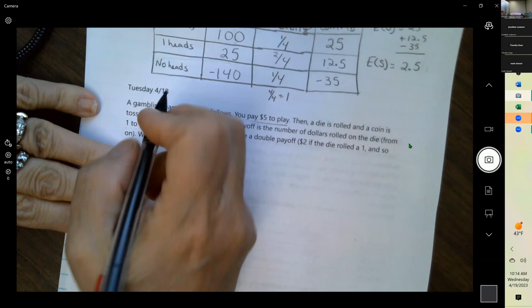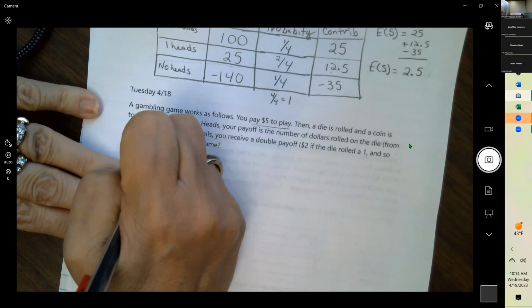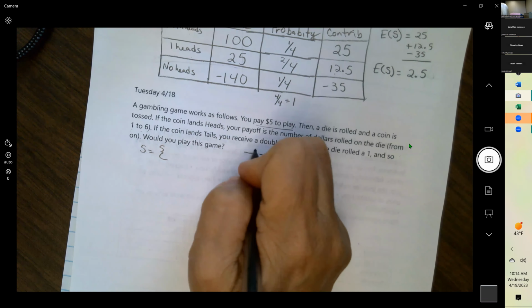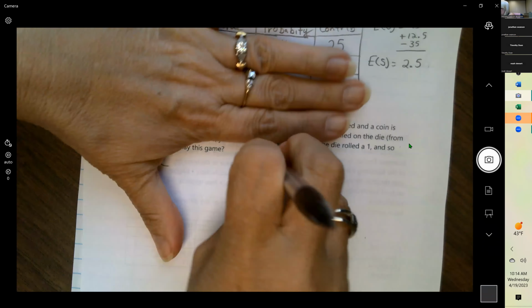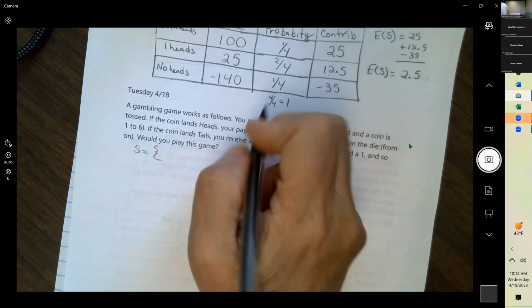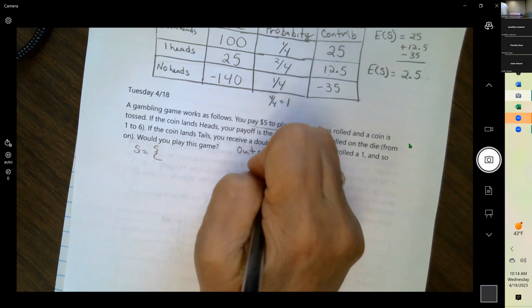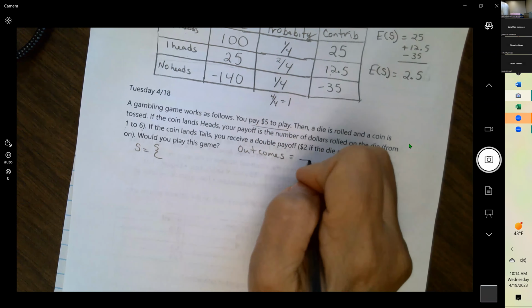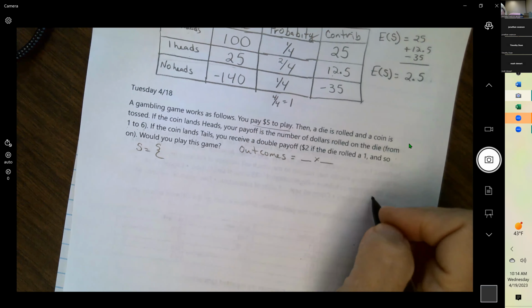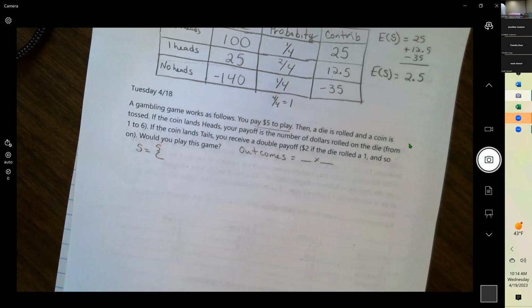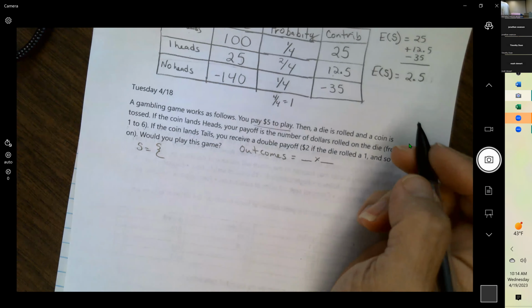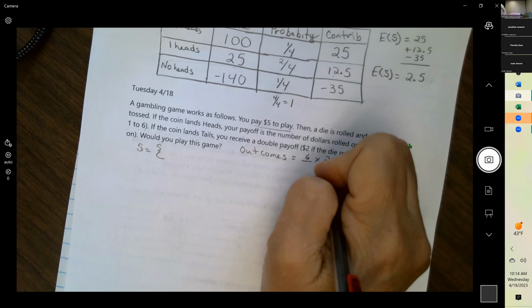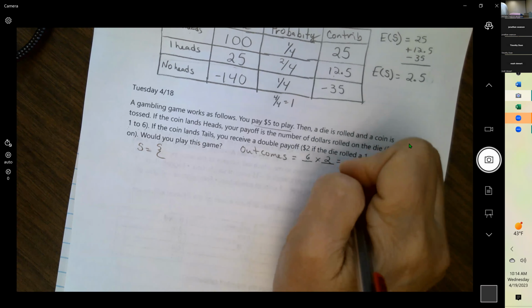Well, let's think of the sample space. Find the number of outcomes. That way we know we have them all. We roll a die and we toss a coin. So when we roll the die, 6 sides on a die and 2 on the coin, we should have 12 outcomes.